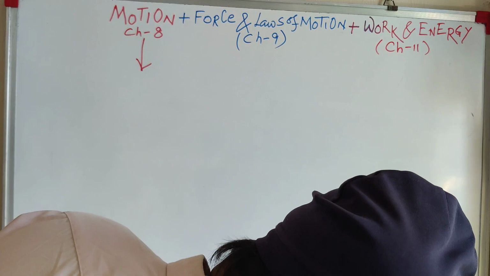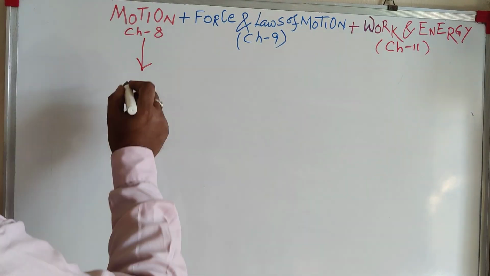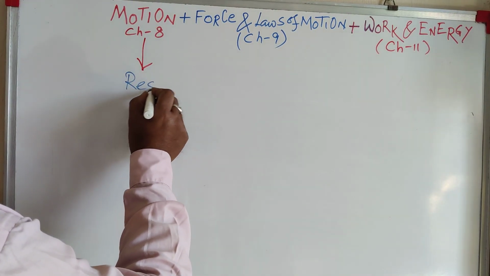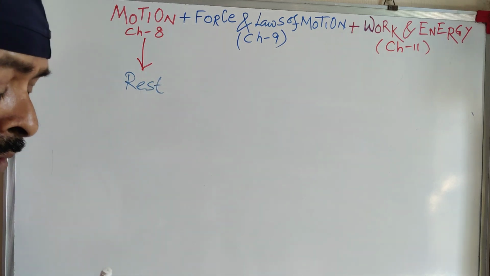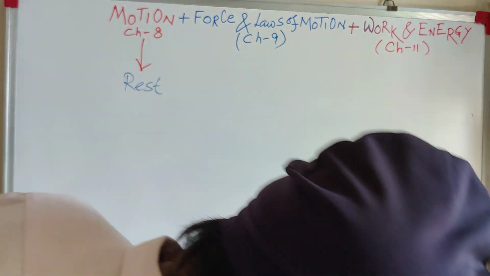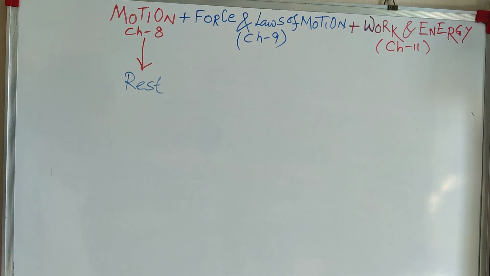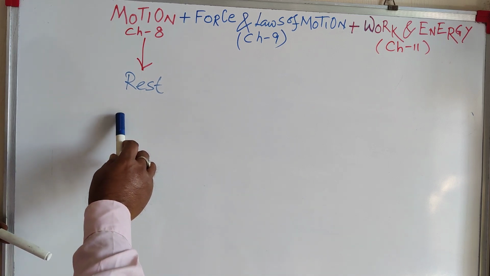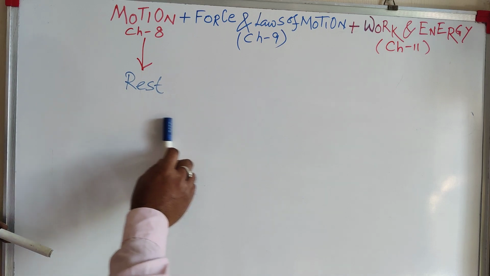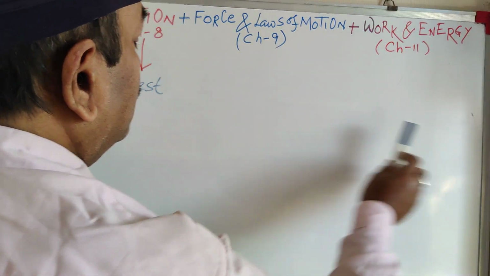Not in motion is the opposite of motion, and the single word for it is rest. It means that with time, this board is not changing its position. Suppose I take this pen and change its position with time.